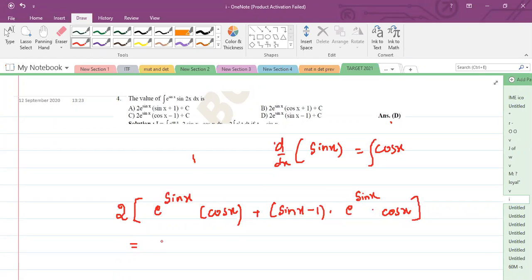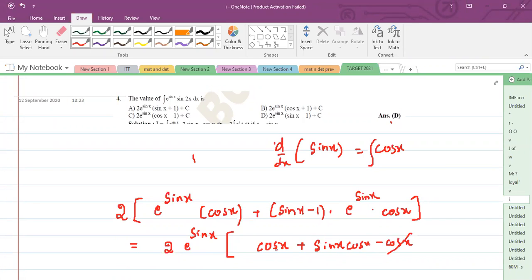So this equals 2 into e raised to sin x outside. What will be inside? Here it is cos x plus sin x into cos x, minus cos x.